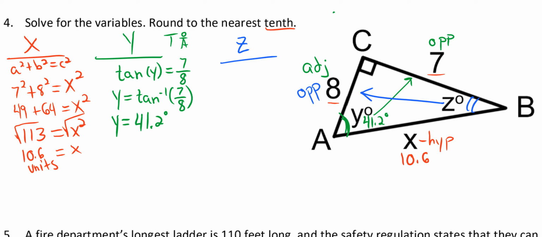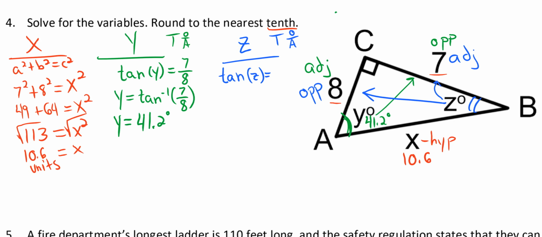So this is step 2, identifying your sides. And 7 is going to be adjacent to z. So we have opposite and adjacent again, so again, that is the tangent function. So we're going to say the tangent of angle z is equal to the opposite, 8, over the adjacent, 7.